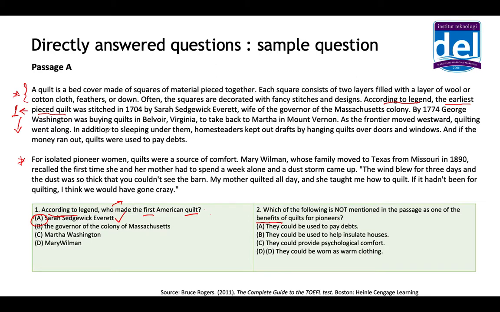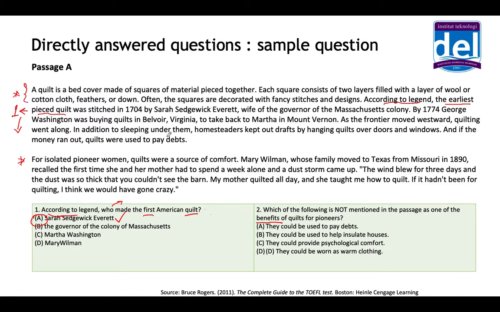And we take the idea of benefits to the paragraph. "By 1774, George Washington was buying his quilts to take back..." So there is no idea of functionality here. "As the frontier moved westward, quilting went along." There are no ideas about benefits here as well. "In addition to sleeping under them," this idea is talking about the functionality or the benefits of the quilt.